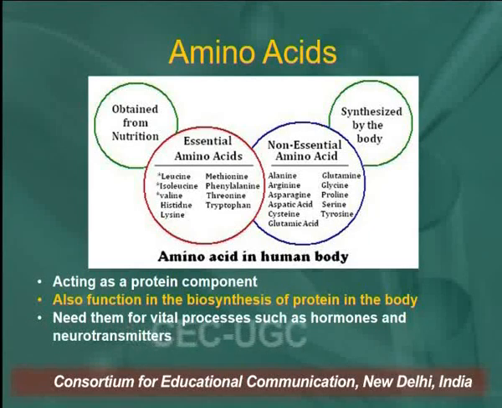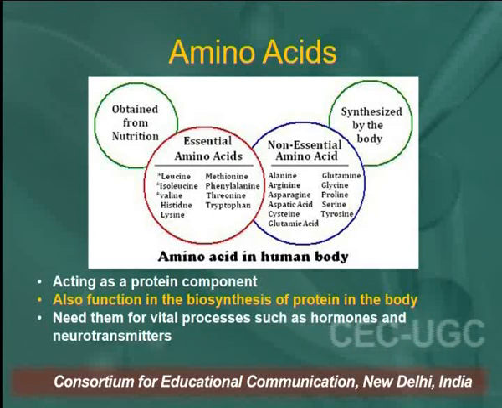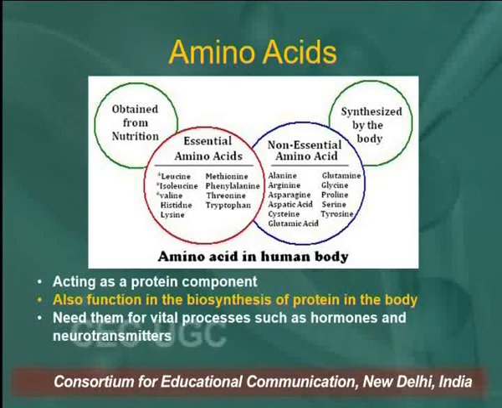On your screen you can see the amino acids present in the human body. Why are they non-essential? Because our body can synthesize these smaller biomolecules. Why do we call the others essential amino acids? Because we need to take them from our diet, and these amino acids take part in protein synthesis.